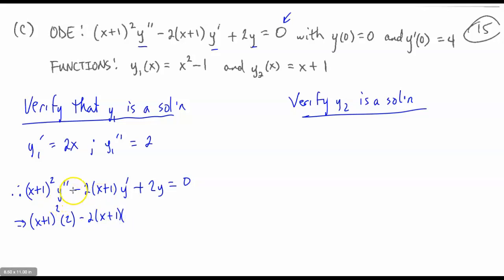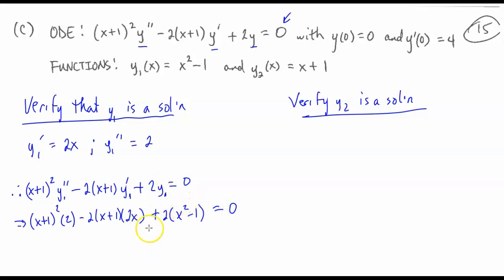For the y prime, and remember this is y sub 1, so y prime, we have 2x. And we say plus 2 times y1, which is going to be x squared minus 1. And all that's equal to 0.